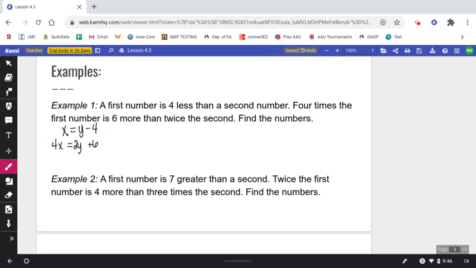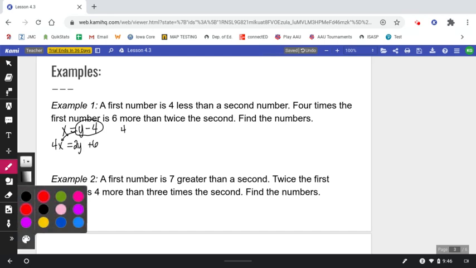This one is best solved by substitution. So I'm going to circle and sub. I'm going to rewrite the second equation as 4 times y minus 4 equals 2y plus 6.